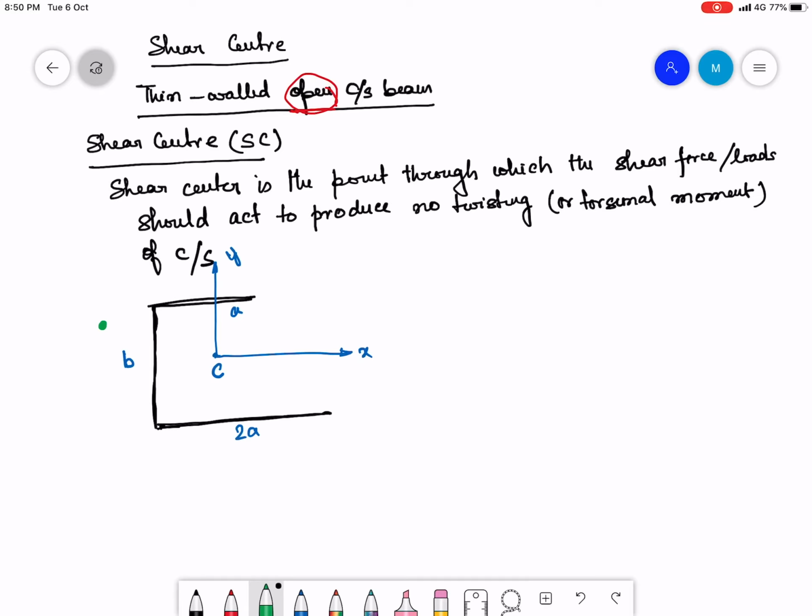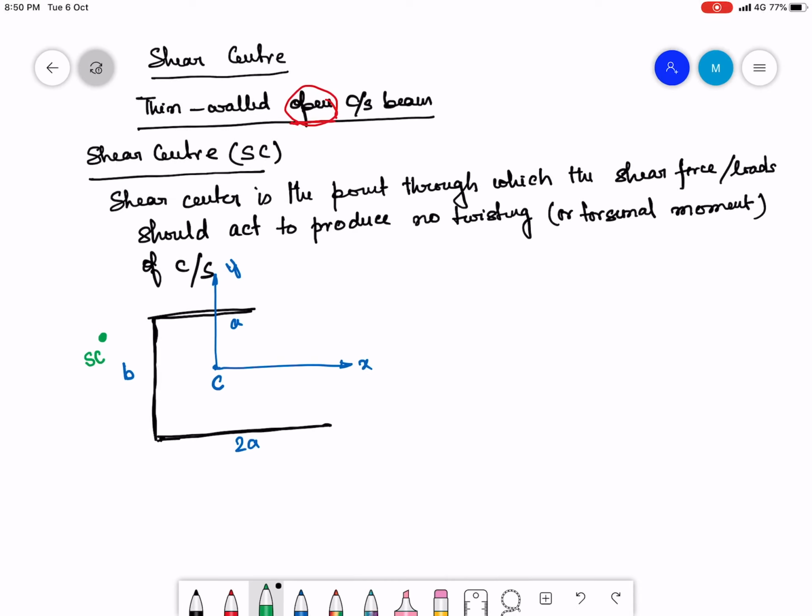So this is the point which is called the shear center, such that if Sy and Sx, that is the applied shear forces, passes through the shear center, then these forces are not going to create any twisting of the cross section.